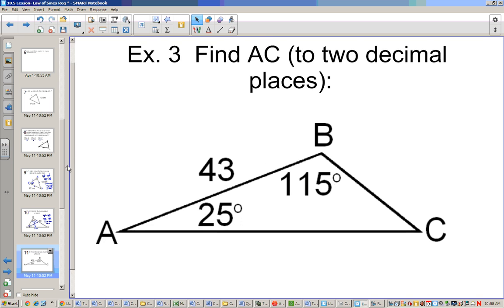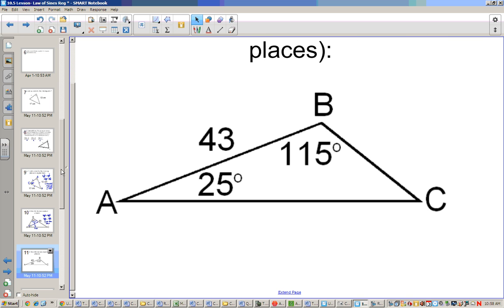Here we have two angles again, and one side. Now, one problem here is we have a side, but not the angle opposite. So what we have to do is add these two angles, 25 plus 115, and we have 140. If all three angles have to add up to 180, 180 minus 140 leaves us with 40 degrees left over.